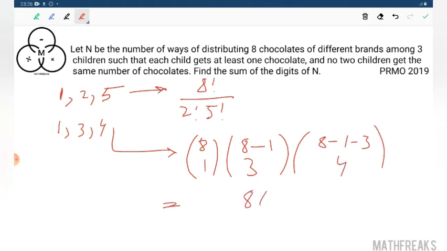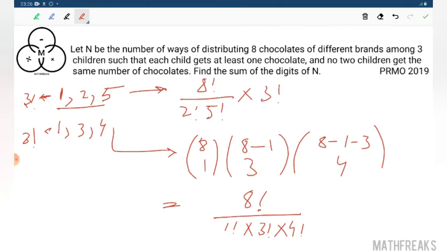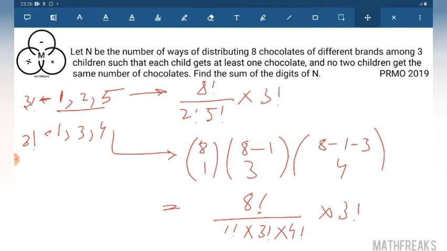You will get 8 factorial over 1 factorial, 3 factorial, 4 factorial. Now they can be arranged among the children in 3 factorial ways, as there is no case of repetition. So we will multiply this also by 3 factorial. Adding the two cases, we will get our answer.